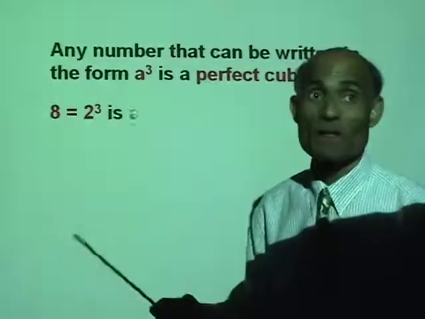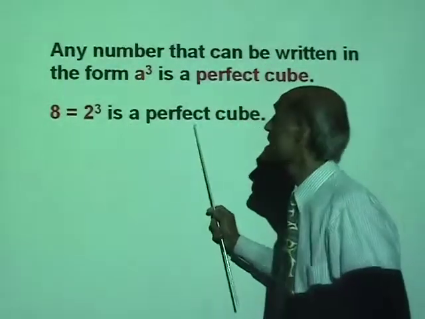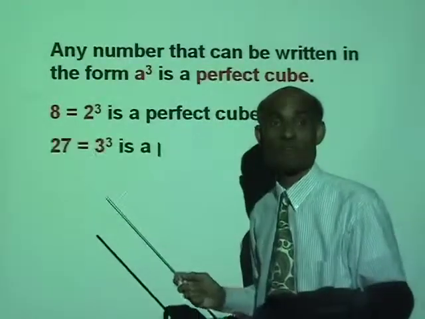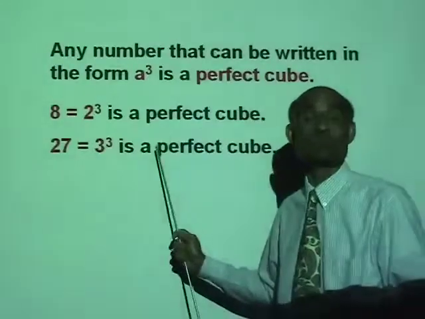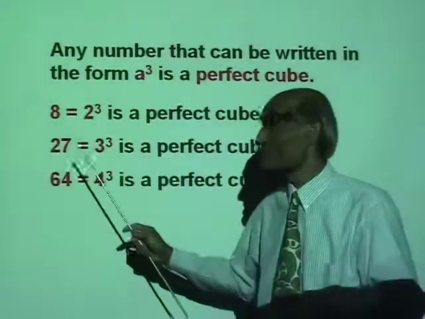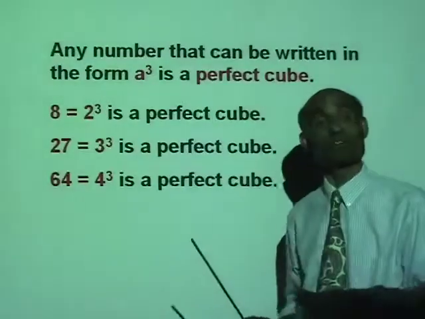You see? So, 8 equal to 2 cubed is a perfect cube. 27 equal to 3 cubed is a perfect cube. 64 equal to 4 cubed is a perfect cube.